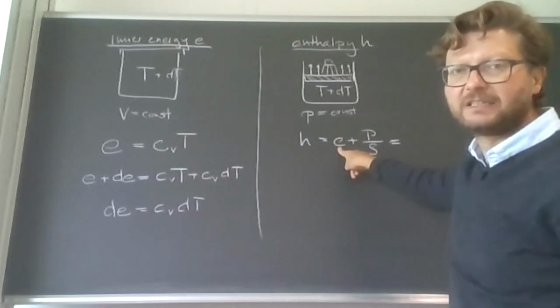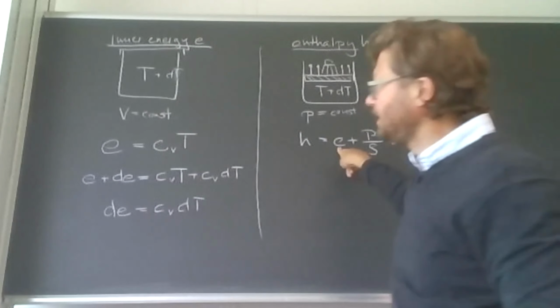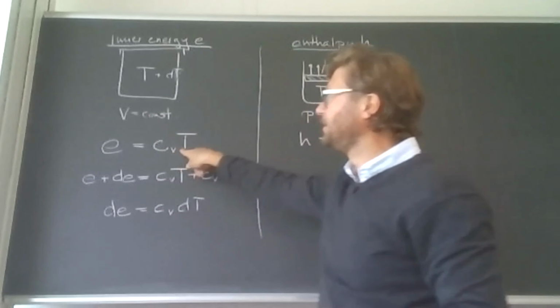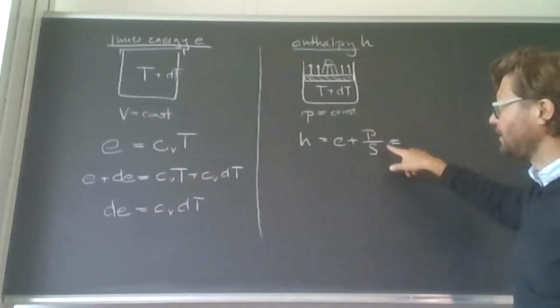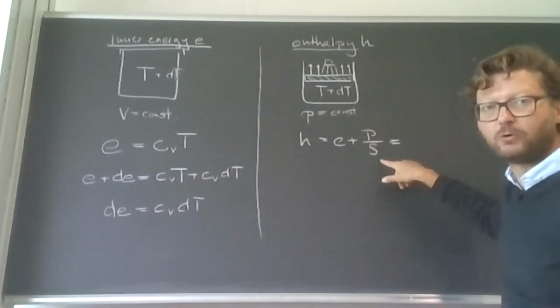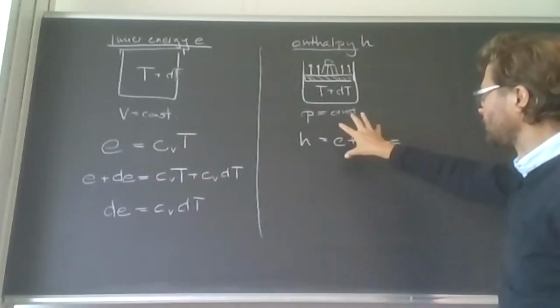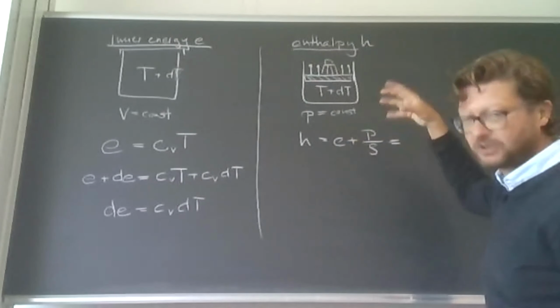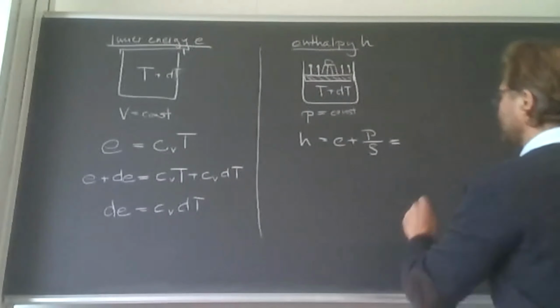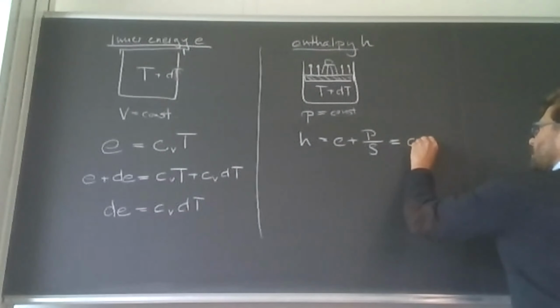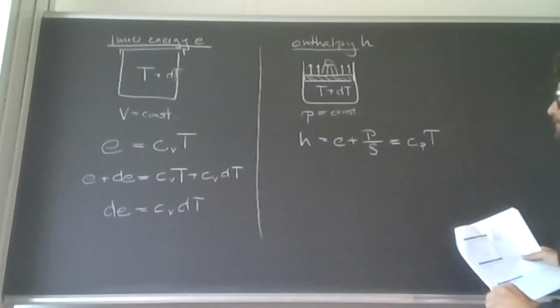We already know that the inner energy E is proportional to temperature, and the perfect gas law tells us that P over rho is also proportional to temperature. So the sum of the two must also be proportional to temperature, and it's commonly known as Cp times T.